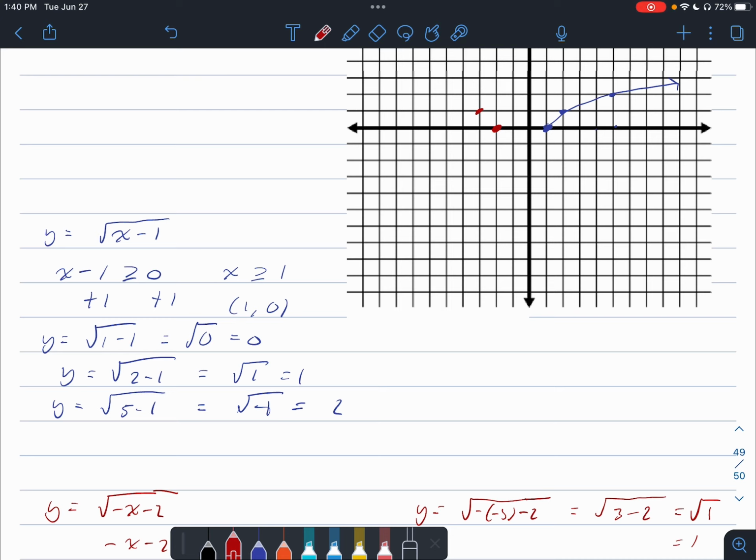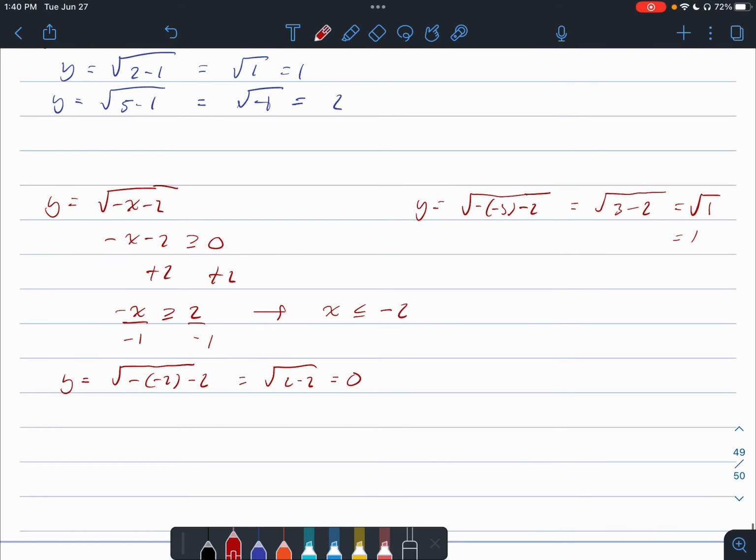So now you're going to notice we're going to the left. So in this situation, it's going to be our rightmost point. What if we tried maybe x equals -6? Let's try that. -(-6) minus 2, or we get the square root of 6 minus 2, which is the square root of 4, or just 2.